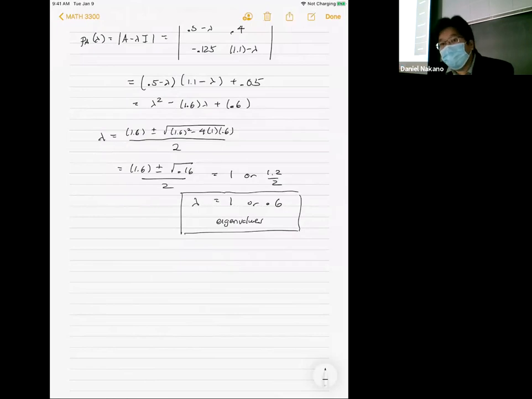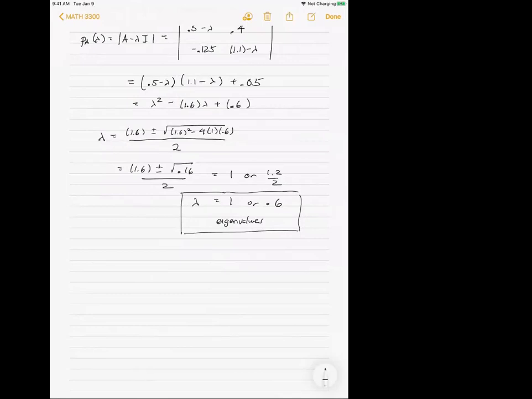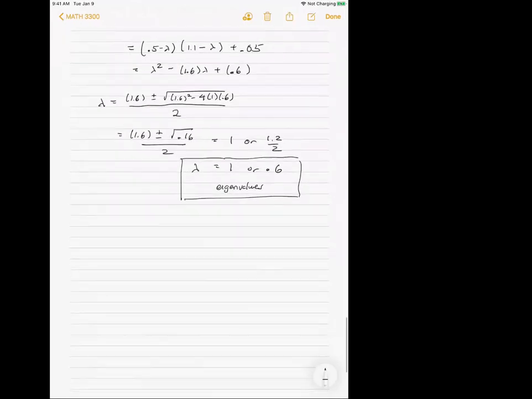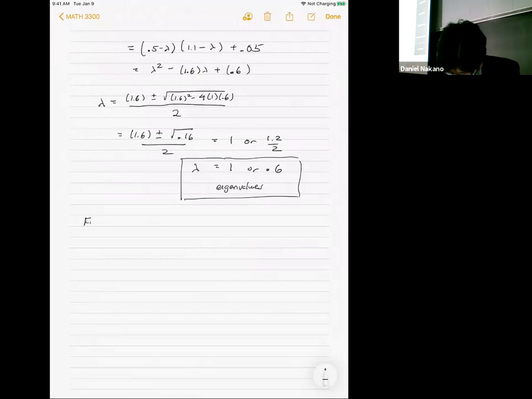Now what other information do we need to solve the difference equation? We need S. Right, we need the S. So next we're going to find the S, which are the corresponding eigenvectors.